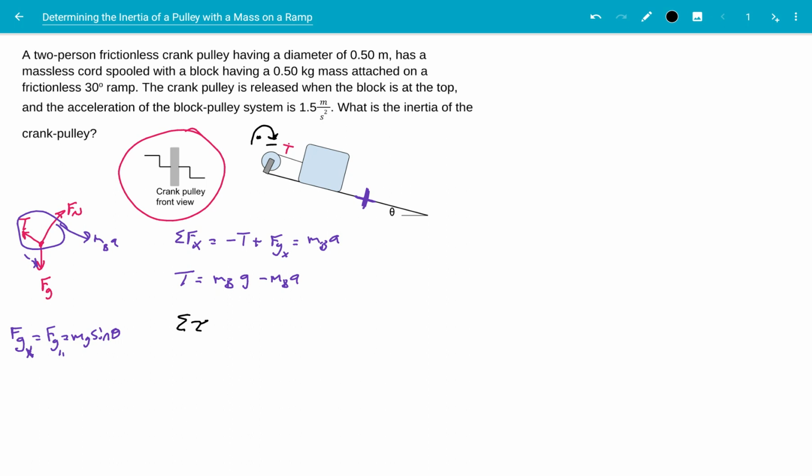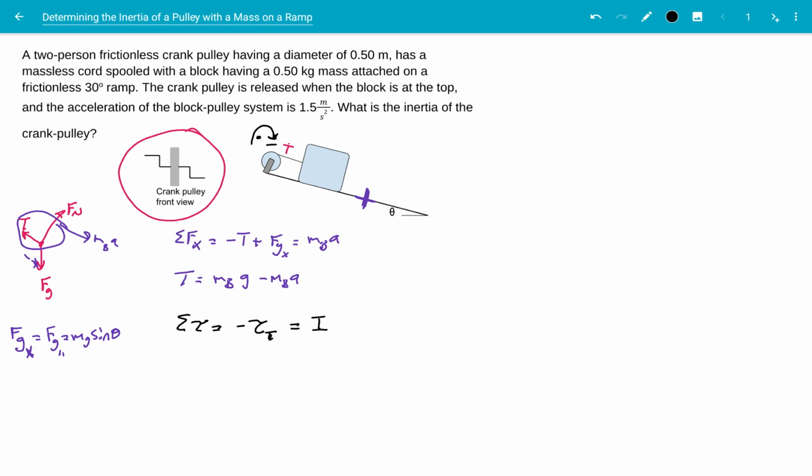So the torque due to the tension is a negative tension, and it's going to be equal to I alpha.